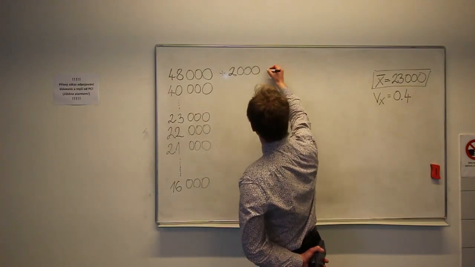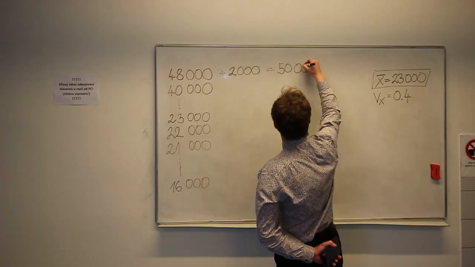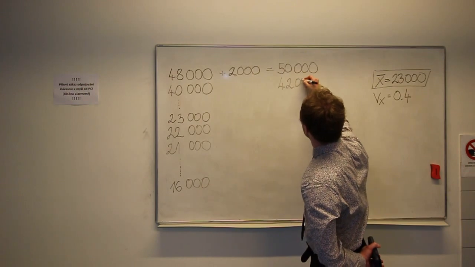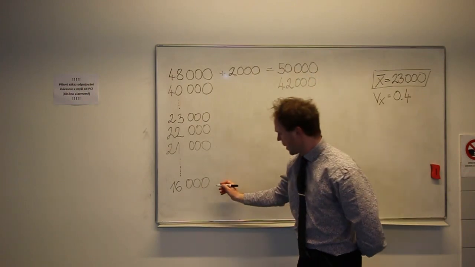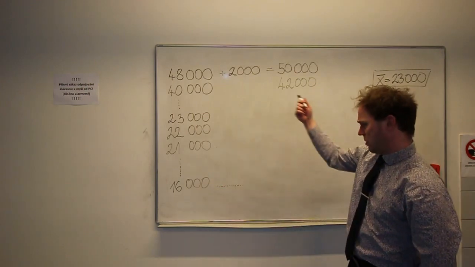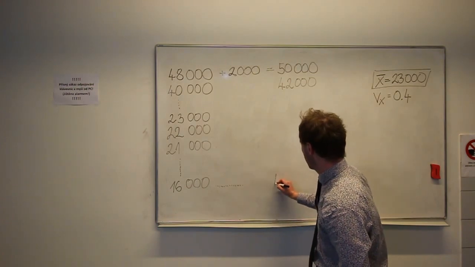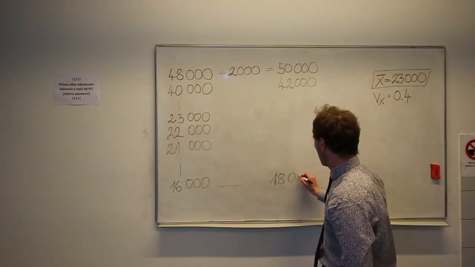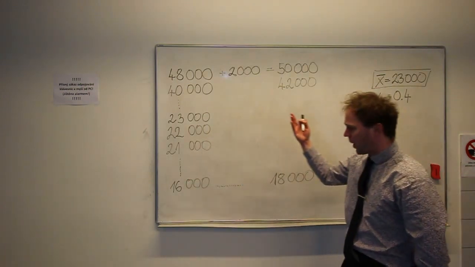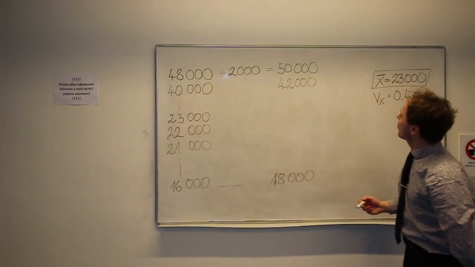So the boss will have 50,000, the vice boss 42,000 Norwegian crowns, and this beginner, junior worker in this company will have 18,000 Norwegian crowns. So this one will probably be the happiest in the whole company.